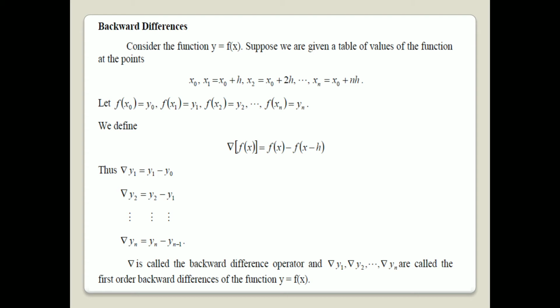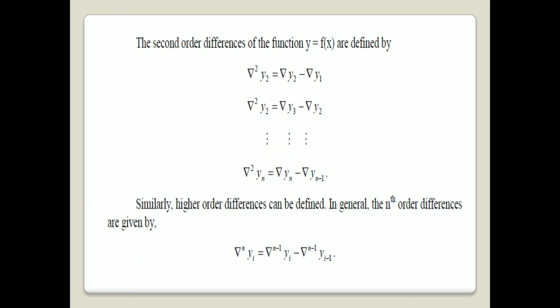Delta is called the forward difference operator and nabla is called the backward difference operator, and nabla y1, nabla y2 up to nabla yn are called the first order backward differences of the function y is equal to f of x. The second order differences of the function are defined by nabla square of y2, nabla square of y3, nabla square of y4 and so on.